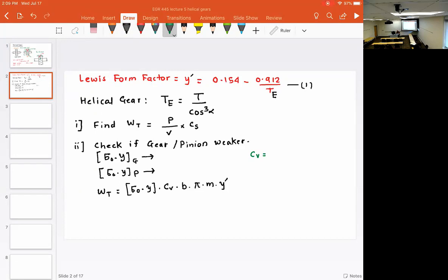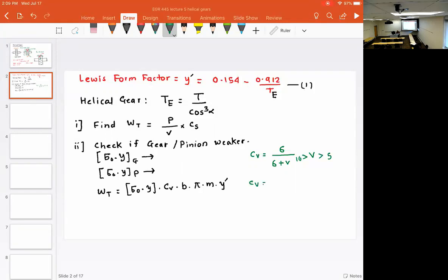For example, for helical gears, the velocity factor is 6 plus V when the velocity is greater than 5 meters per second but less than 10 meters per second.